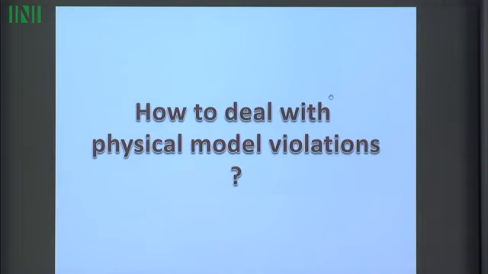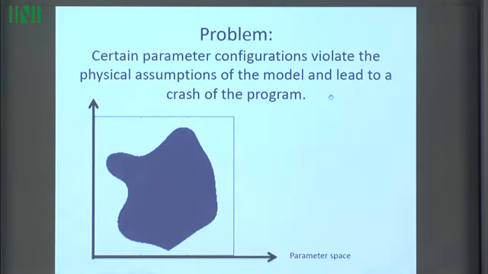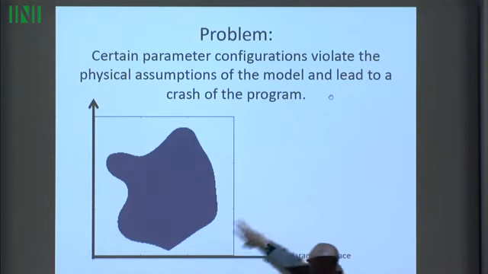But we have an extra problem to solve here. So I mentioned these physical assumptions of our fluid dynamics, and for certain parameters that's the case, for other parameters that isn't the case. So we can visualize that as, well, an area in the parameter space where sort of the blue area means that these parameters satisfy the constraints, and outside that area they don't. But the MCMC sampler is oblivious to that.